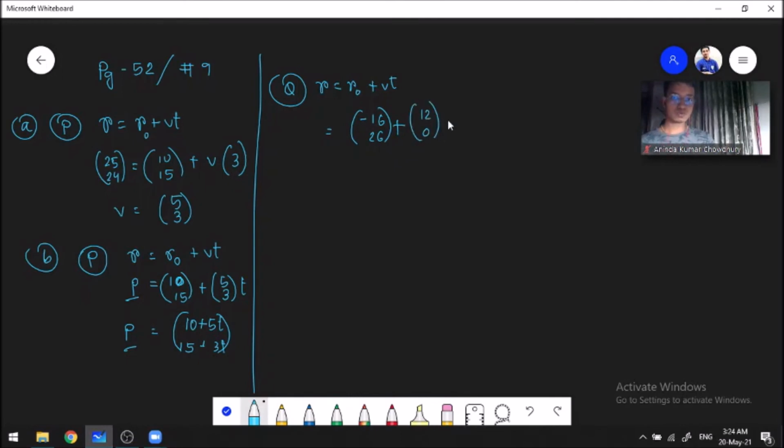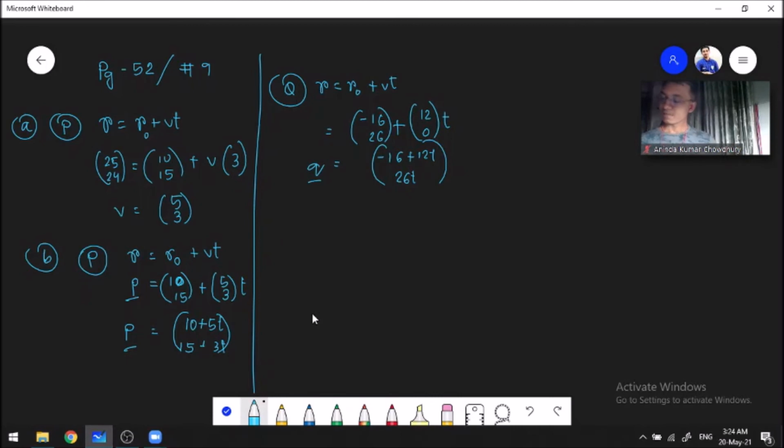This is the meaning of 12i and t. So that will give us minus 16 plus 12t and 26. So these are the position vectors of P and Q in terms of t. And if you want, you can express these in terms of i and j.